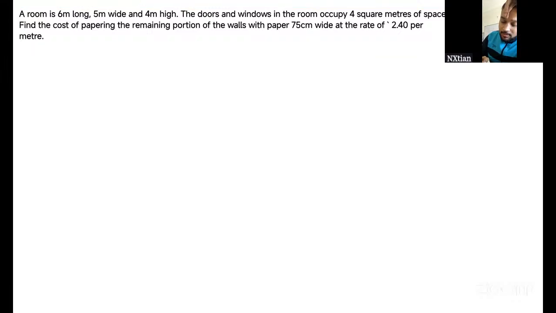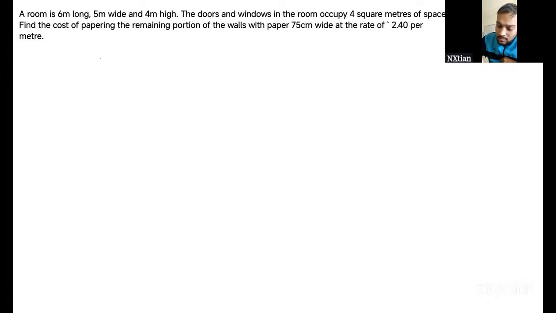It's not that hard. See, this is the length of the room. The doors and window occupy this much space. Find the cost of paper remaining on the portion of wall, which is 75 centimeter wide. So it's going to be like this. We have to only put it on the walls.